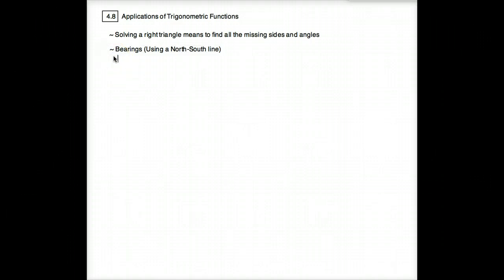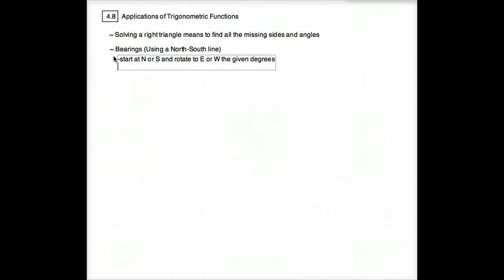So when you have a problem that involves bearings, the first thing we're going to do is start at either north or south. It'll say which, and then you rotate either to the east or to the west, the given number of degrees.